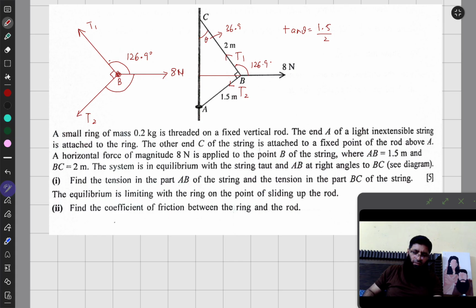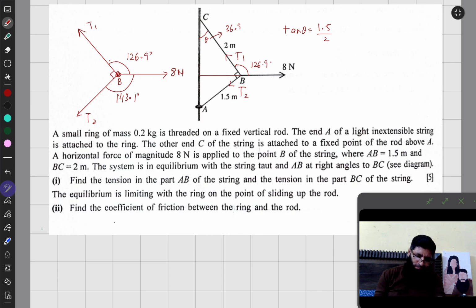Now you can also find this angle. This will be 360 minus 90 minus 126.9. So you will have 143.1. This angle will become 143.1. Now you can apply the simple sine rule, which is called Lami's theorem in this case, to find T1 and T2.